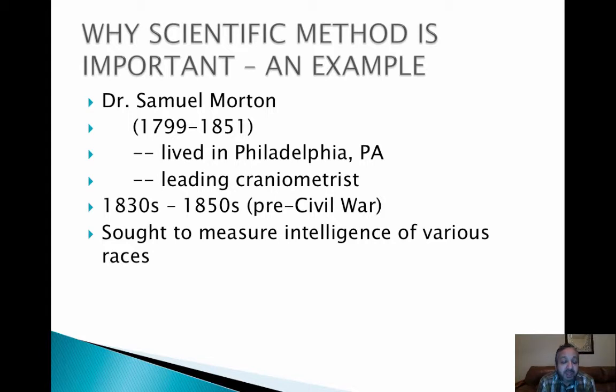But in any case, the fact that this was public meant that people could go back and replicate the study, and other people did other studies after this, with other data, to refute what Samuel Morton had argued in his work.